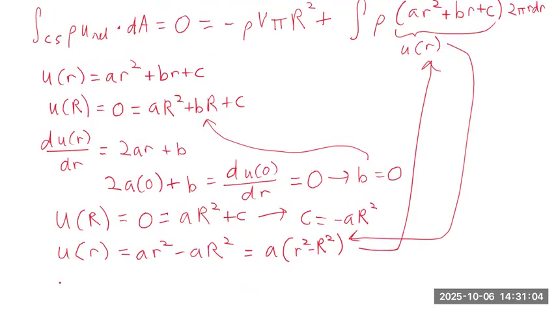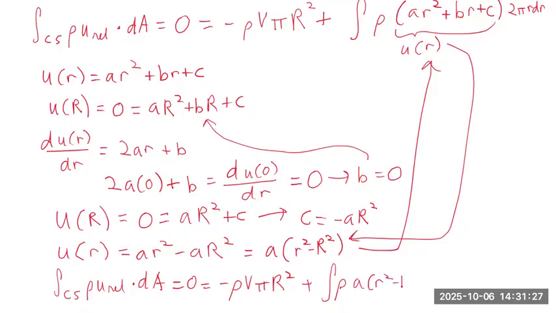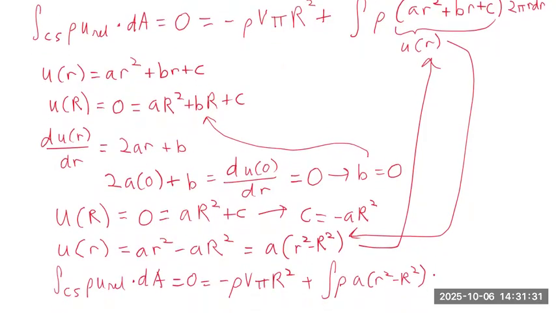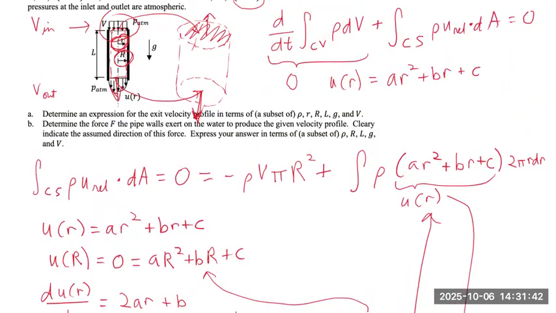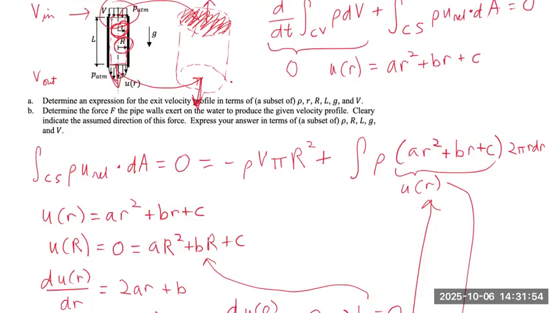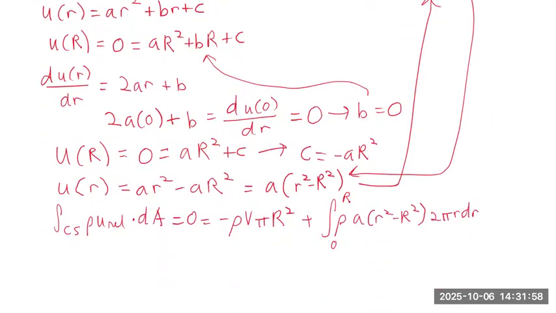So from conservation of mass, we have the integral over the control surface of rho u relative dot dA equals 0, which is equal to negative rho times V times pi R squared plus the integral of rho A (r squared minus R squared) 2 pi r dr. And we integrate it from 0 to R since that is the surface area of our control surface. It spans from 0 to R.